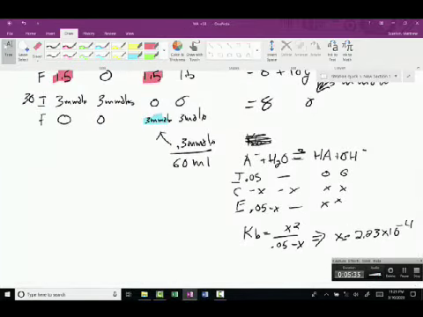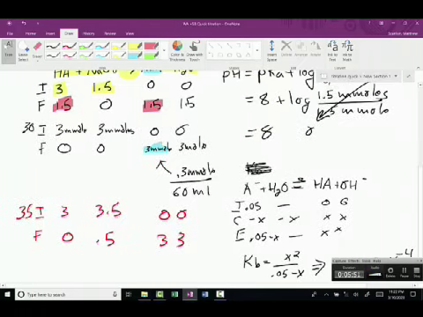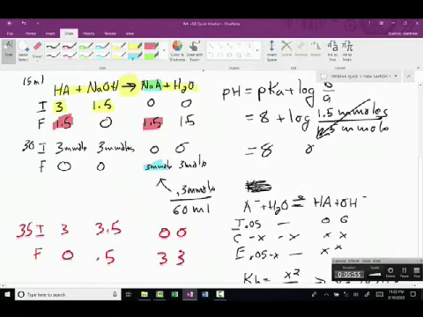I'll do 35 milliliters down here a little bit. Initial, final: 3 millimoles, 3.5, 0, 0, 0.5, 3, and 3. In this case, I have a strong base left, and that's all that I have to worry about. Strong base here. That's the sodium hydroxide up here at the reaction.